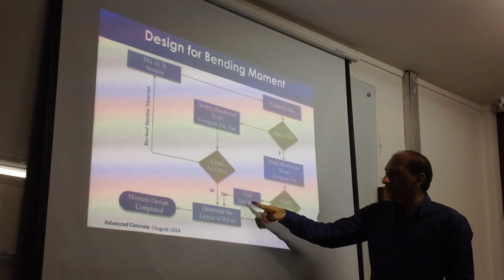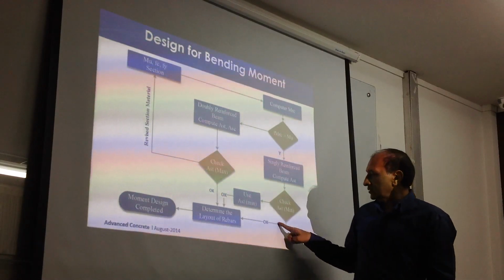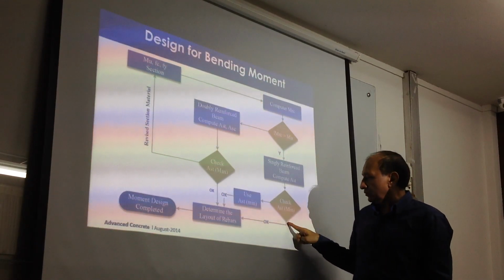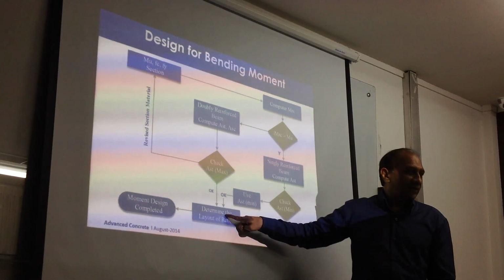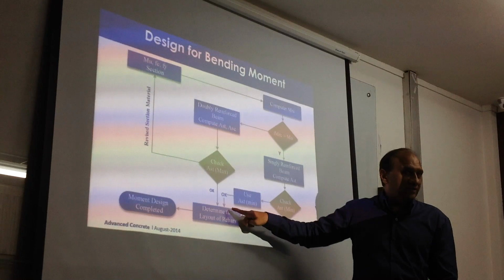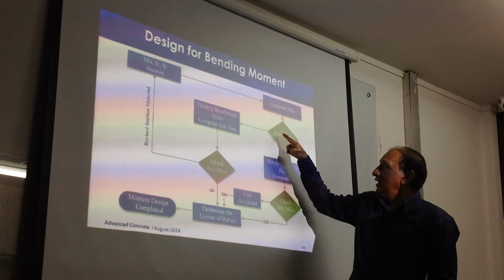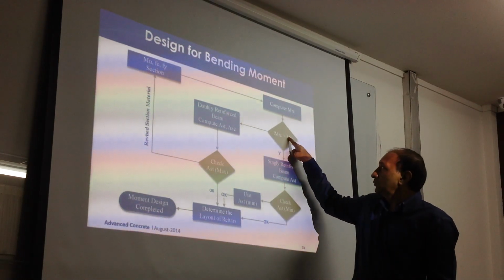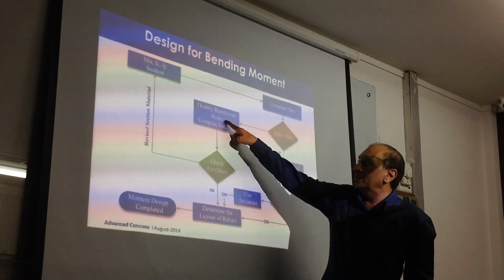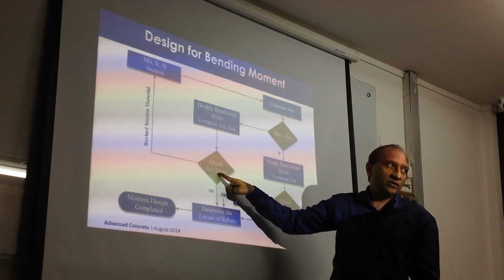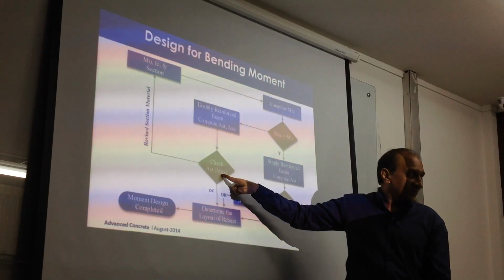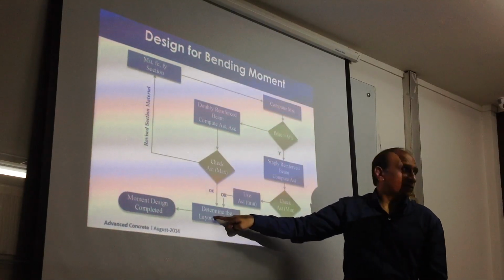If not, then you use, if this is less, you use minimum steel, and then you go back to this one here, okay? So minimum steel is employed here. If this is more, moment is more, then you go to doubly reinforced beams, you calculate AST, ASC, check AST max, which will always follow, which will never be failed, but you will be okay, you come back to this one.